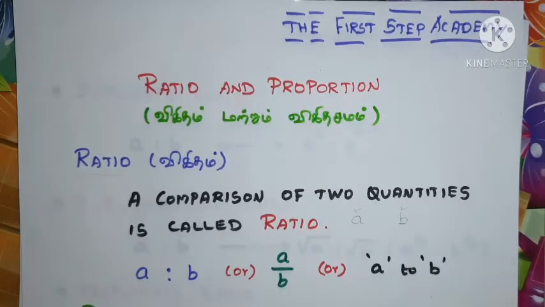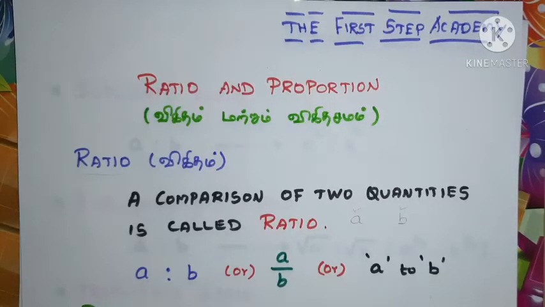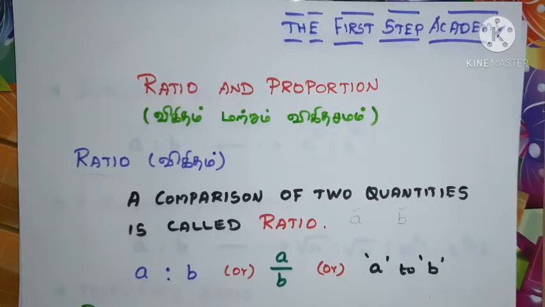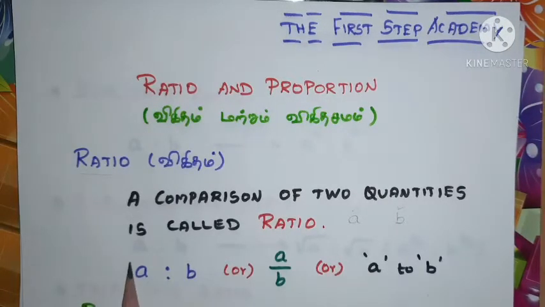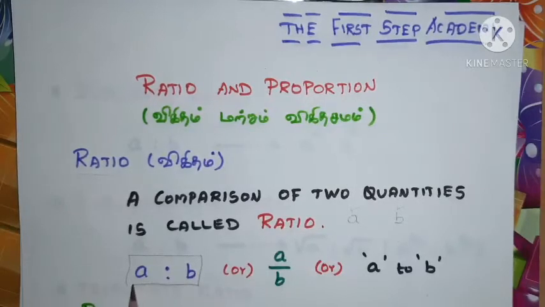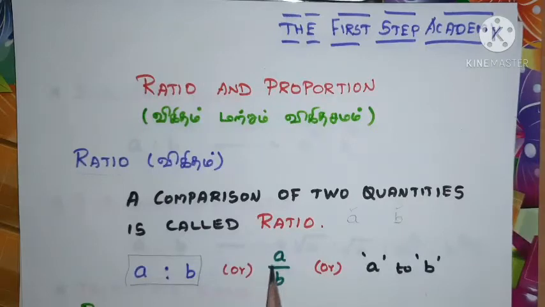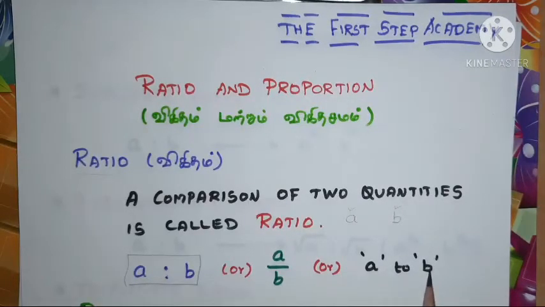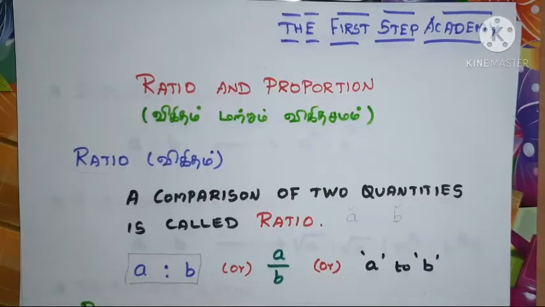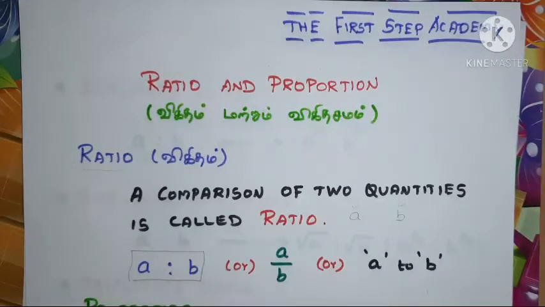A comparison of two quantities is generally called a ratio. Those ratios can be represented in three different forms: A is to B, this symbol we are calling "is to", or A by B, or A to B. So in these three different forms we can express the ratio.